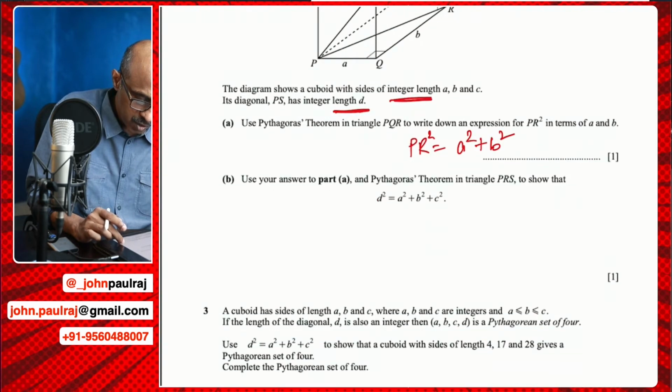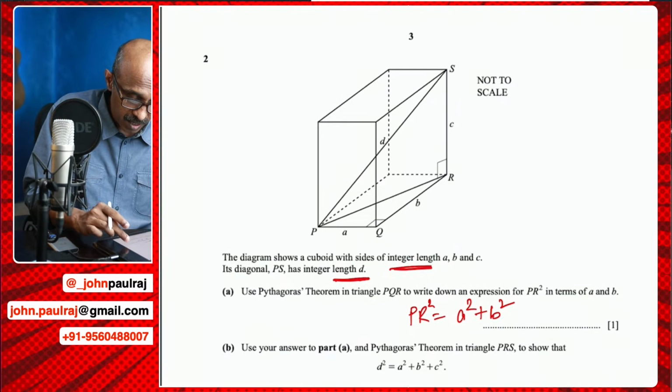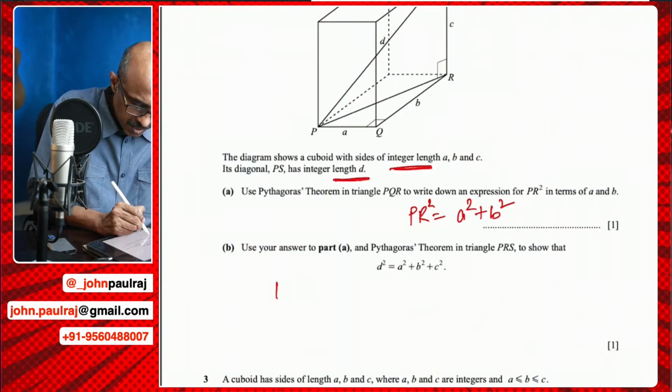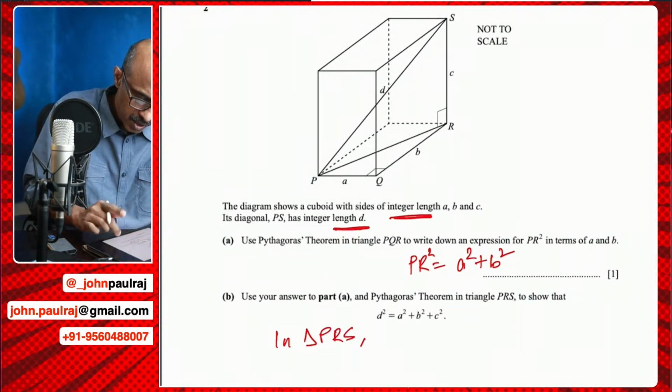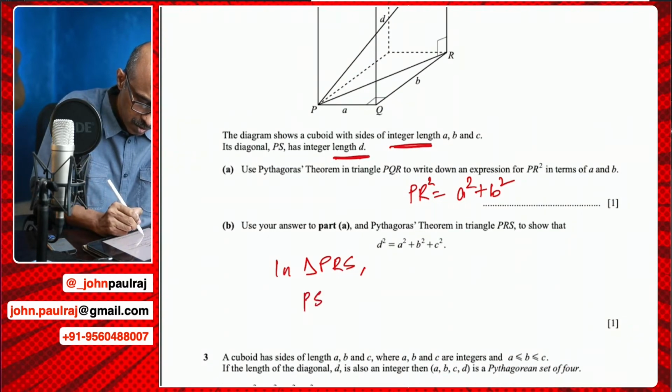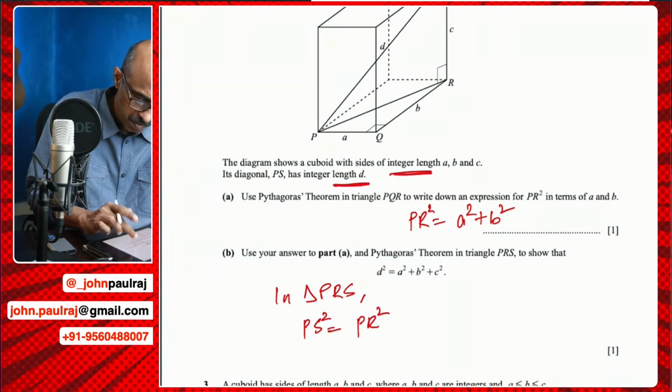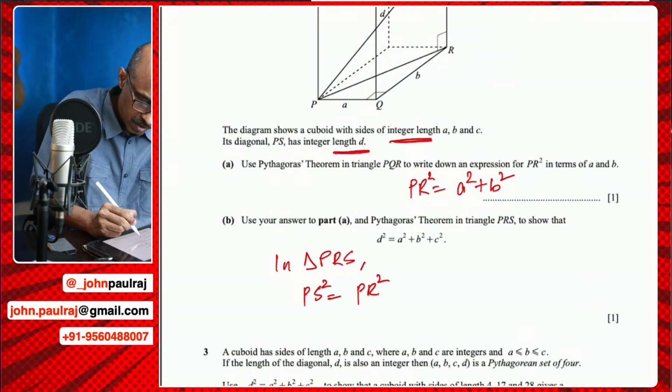All right, 2B. Use your answer to part A and Pythagoras' theorem in the triangle PRS. Very similar to question number 1, as you can see. So we can say that in triangle PRS, that's a right angle triangle, PS square should be equal to PR square, which we just found in part A, plus the SR square.